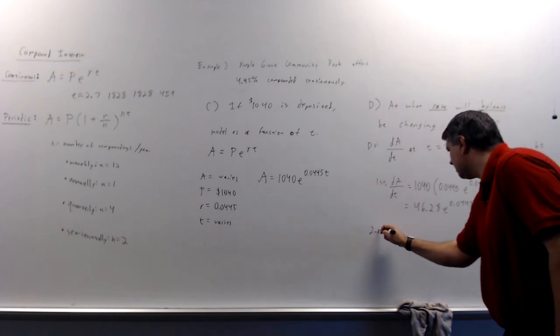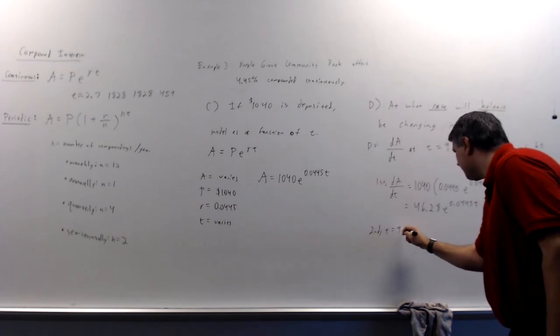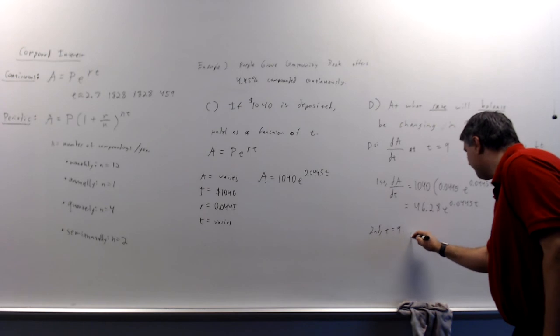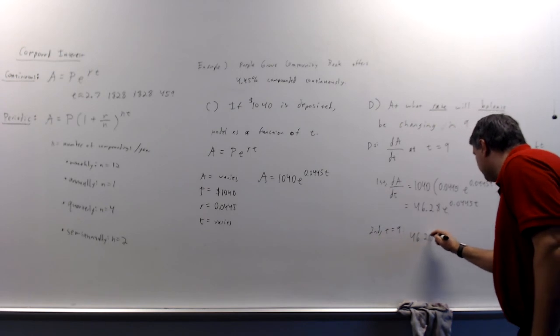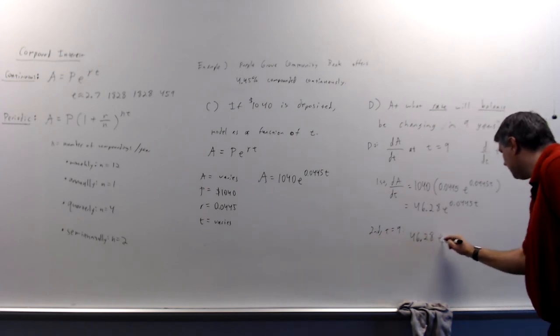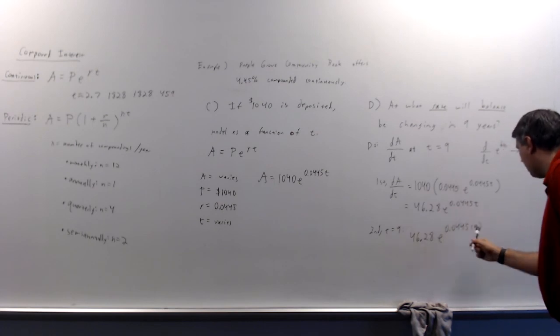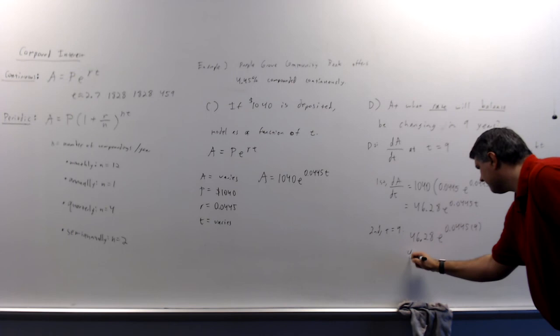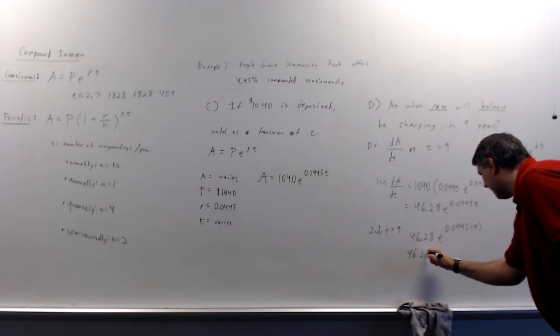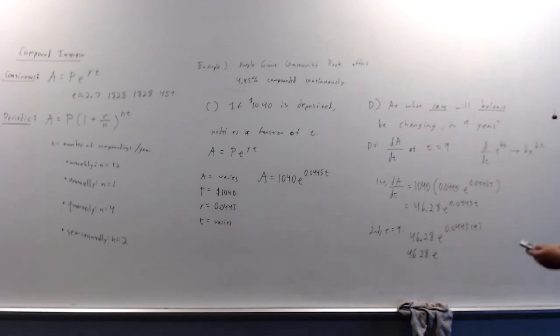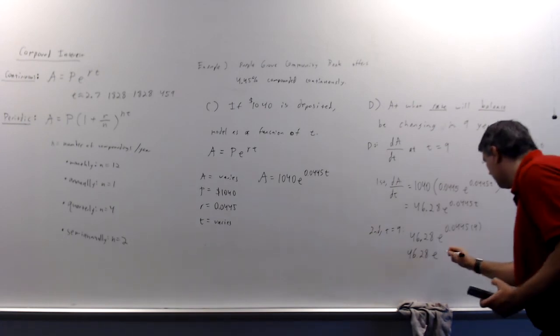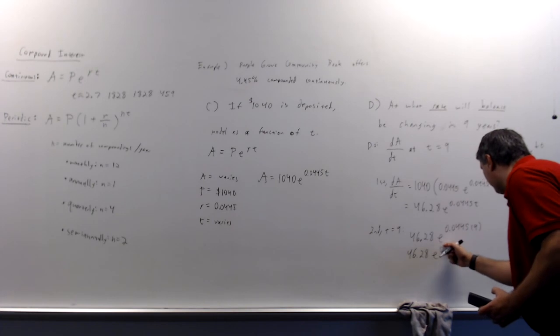Second, t equals 9. So that'll be 46.28 e to the 0.0445 times 9th power. Clean that up. 0.0445 times 9 is 0.4005.